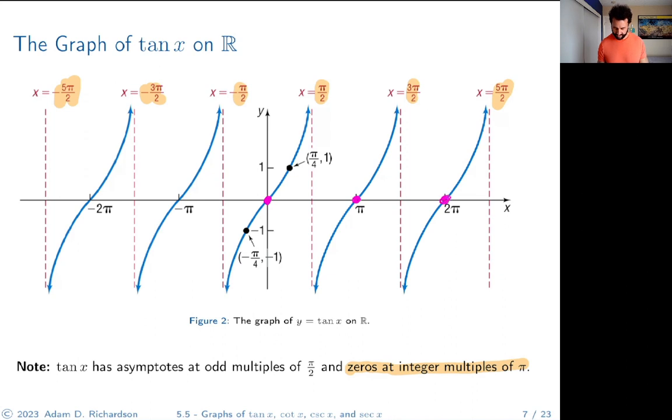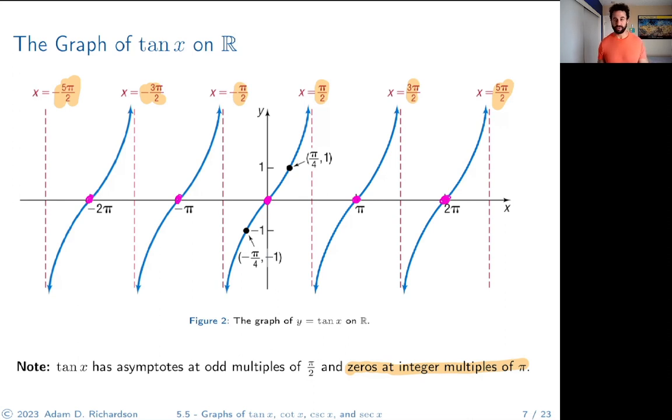At 2 pi, the value of tangent is 0, and so on and so on. Negative pi at 0, negative 2 pi at 0. So at all of the integer multiples of pi, 1, 2, 3, 4, 5, 6, negative 1, 2, 3, 4, 5, 6, 0, and so on, you're going to have a 0 there. So tangent is 0 at integer multiples of pi.